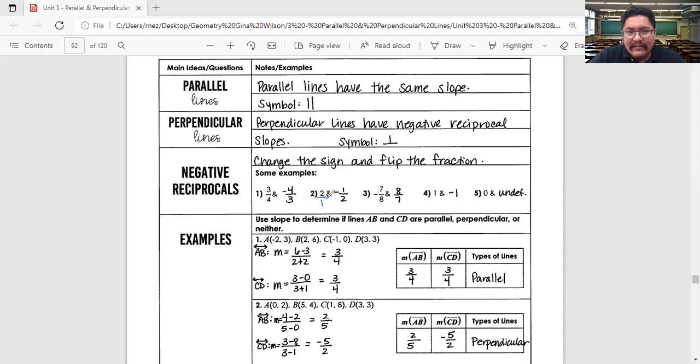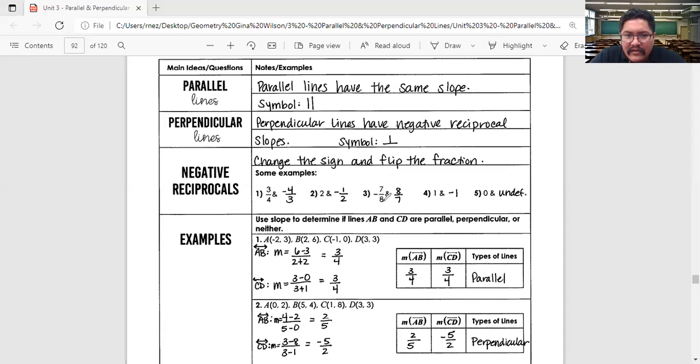But 2 over 1 is still the way you would do it. And that's why when you flip it, you get 1 over 2. That's where that 1 came from, because if you want to turn any number into a fraction, you put a 1 under it. And again, it turns from positive to negative, so it's going to be the opposite sign as well.